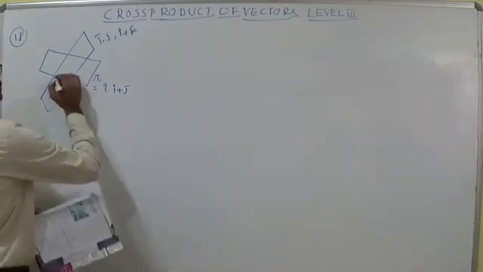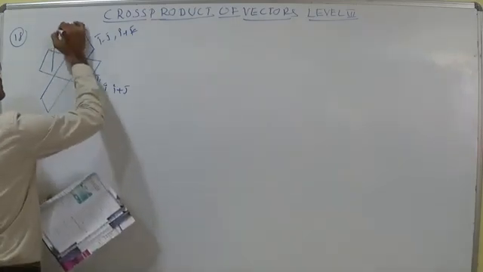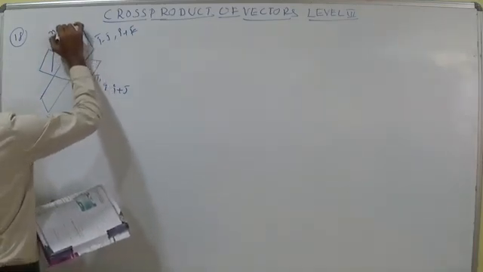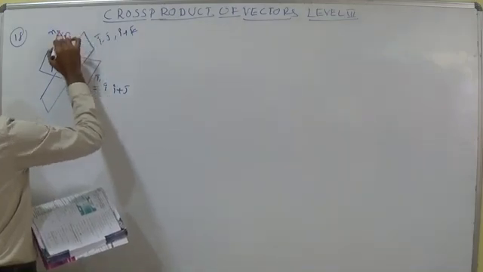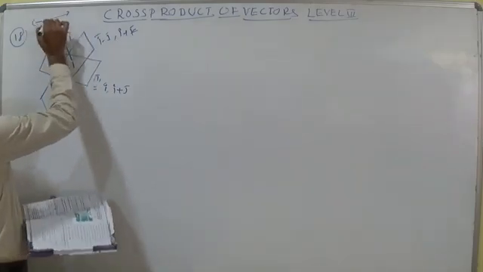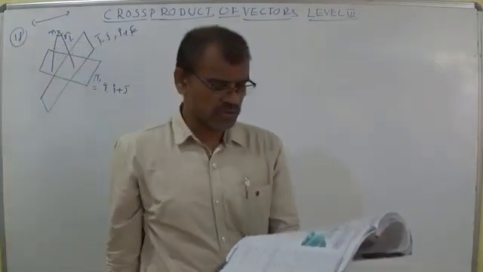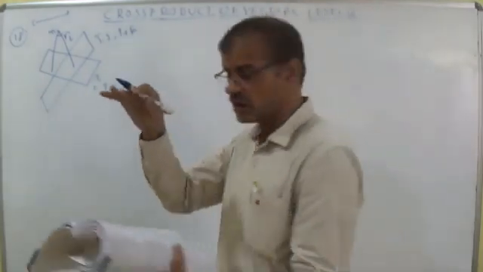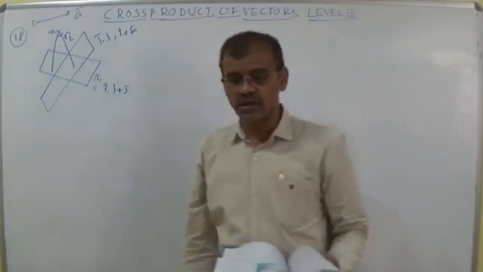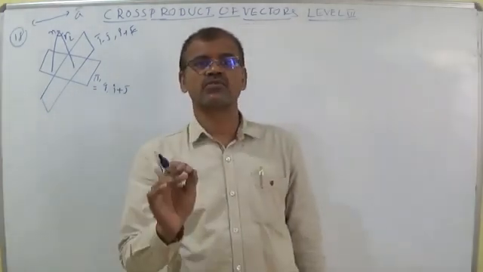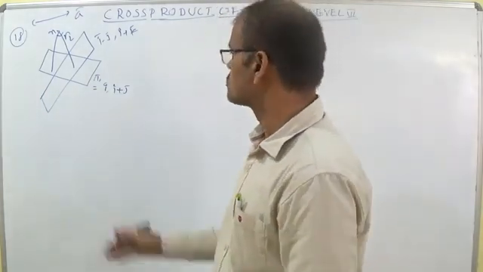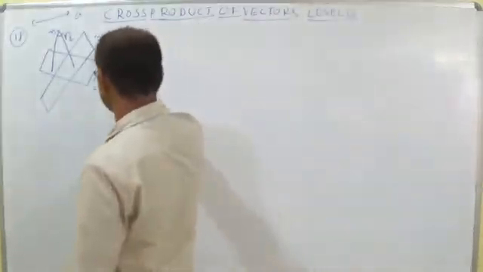So you should understand that n1 is a unit normal vector of plane 1 and n2 is a unit normal vector of plane 2. Whenever the planes intersect, we get the line of intersection. The student can understand that a vector perpendicular to both A bar and B bar is A cross B. This is plane pi 2.